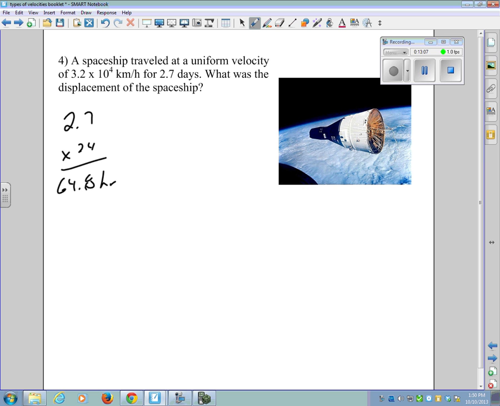Okay, so now I'm looking for the displacement. V bar equals d over t. My velocity is 3.2 times 10 to the 4. My displacement is my d. My time is my 64.8. Please notice how I wrote the formula, substituted numbers, and now I'm going to actually solve.